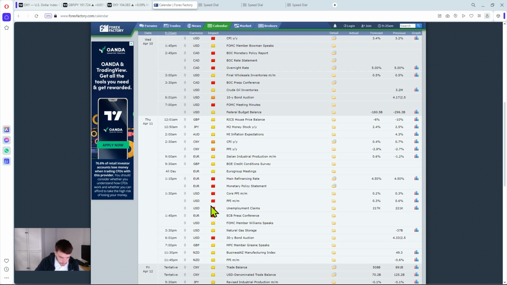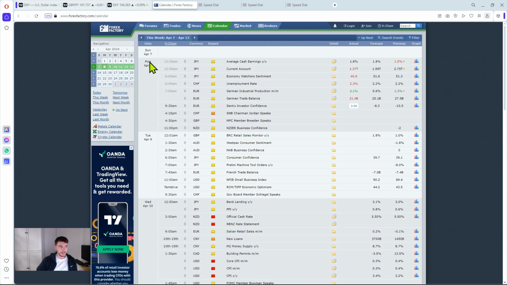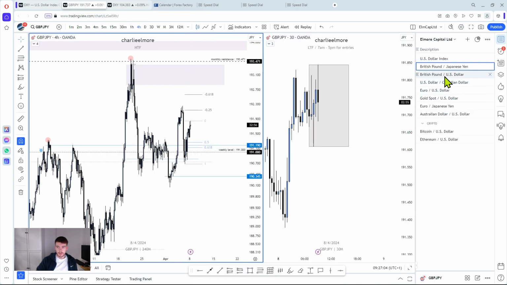We are still students, but this is my question: when the trade is in profit, can we move the stop loss to protect the profit? So for those of you that are on the live that didn't see that question, it says, we are still students, but this is my question. When the trade is in profit, can we move the stop loss to protect the profit? I mean, you can do that.